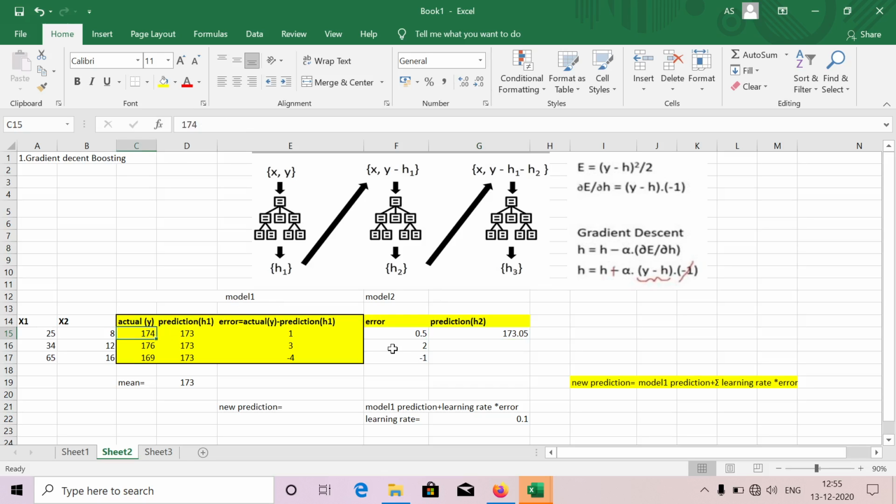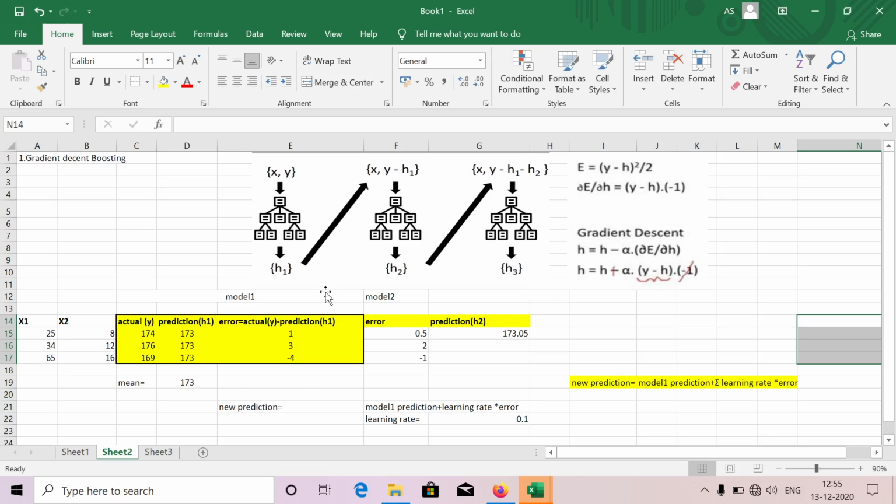After further iterations, for example the 10th iteration, the actual and prediction will match. For example for model 3, model 4, up to model 10, the actual and our prediction will match. At that time we'll stop this sequential repetition.